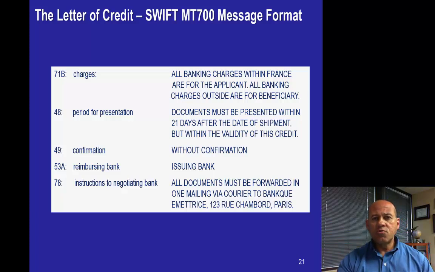Period of presentation. So in other words, when do these documents have to be presented? Is the letter of credit confirmed or not? Basically, a confirmation of a letter of credit means that another bank can take over the responsibility of reviewing the documents. So let's say that you had a transaction to a bank in Korea, and the bank in Korea was the one who would normally review the documents on behalf of the buyer and issue the payment.